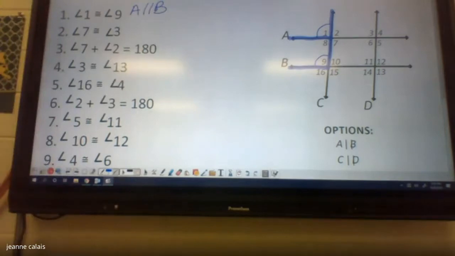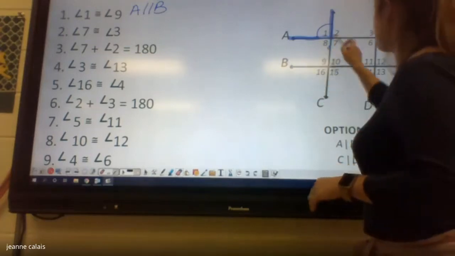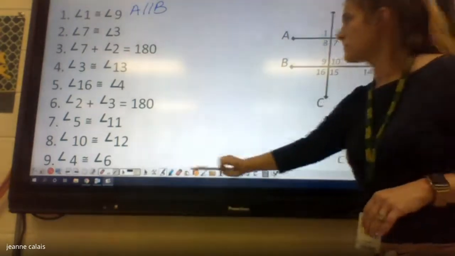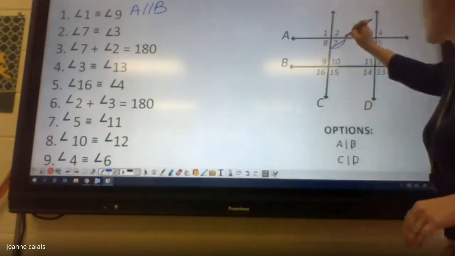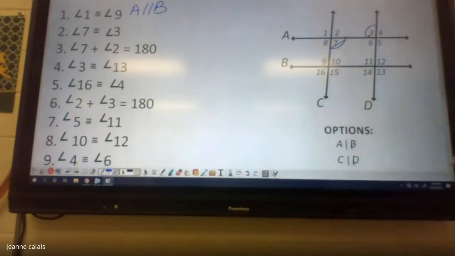All right. Then you have 7 and 3. So 7 is congruent to 3. Now I want you to think about it. Pay attention to what line it has nothing to do with.